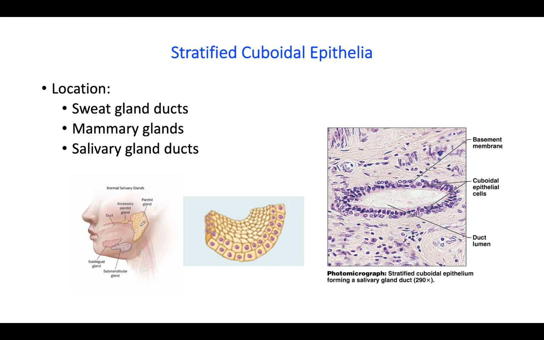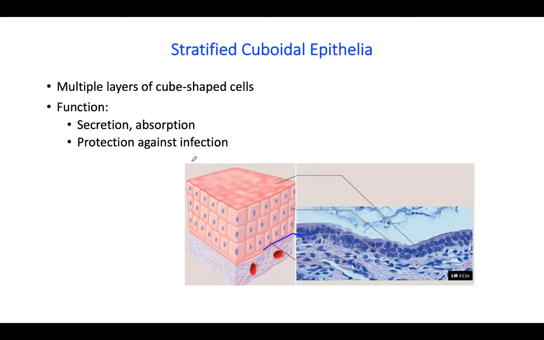These glands are composed of stratified cuboidal epithelia. So two layers of cuboidal epithelia, and the microscopic view shows one layer, two layers. So we call this stratified cuboidal epithelia. You can observe stratified cuboidal epithelia in the sweat gland duct, mammary glands, and salivary gland duct, because its function is secretion and absorption.